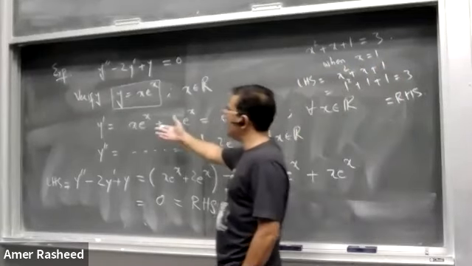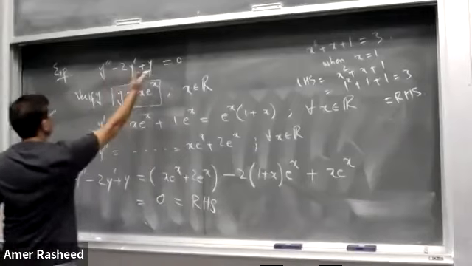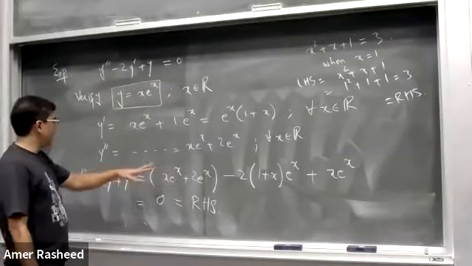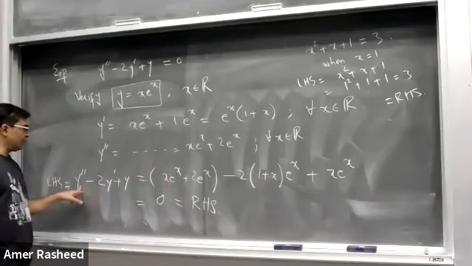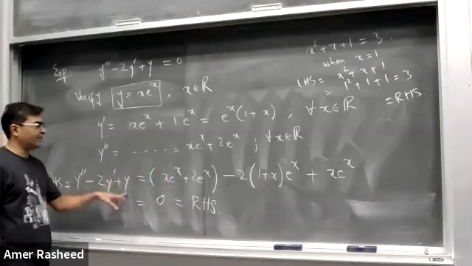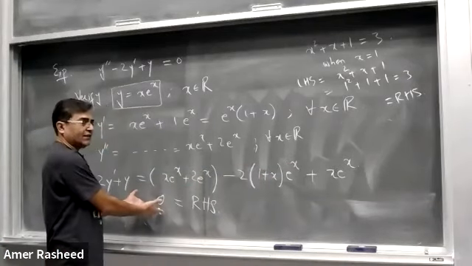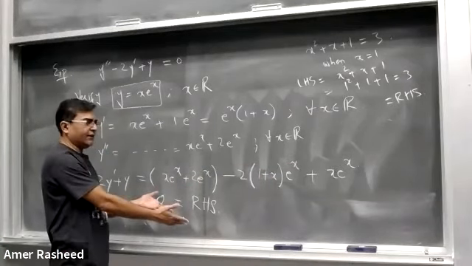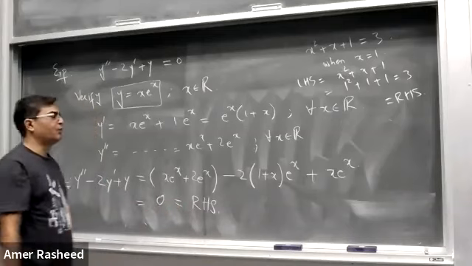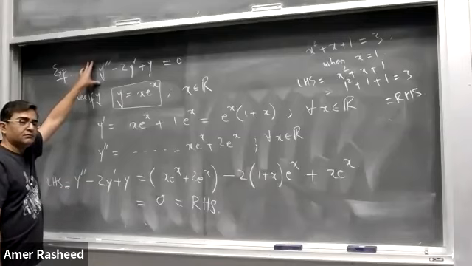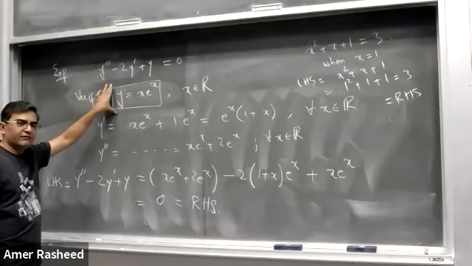What are we doing here? We are putting this function into the left-hand side. We put y double dash first, then we chose the left-hand side and put y double dash, minus 2y dash plus y. After solving it we get 0, which is equal to the right-hand side. So this is how we prove an equation for some particular value of y.